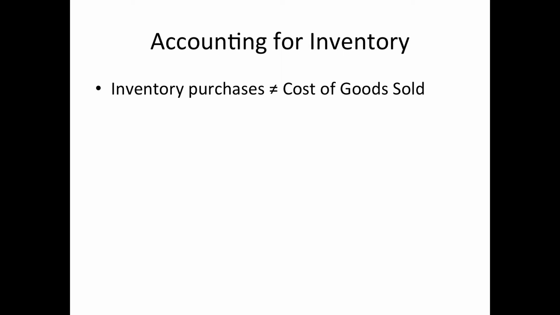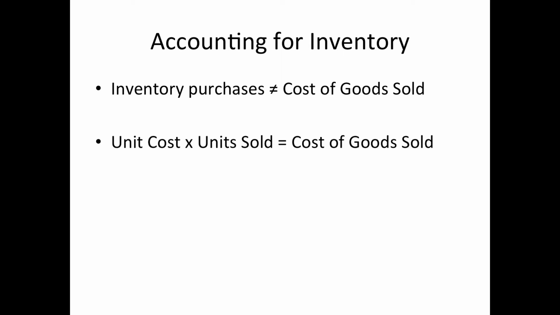So instead of inventory purchases equals cost of goods sold, this is what the new proper equation looks like. It's going to take your unit cost times your units sold, and that's going to be your cost of goods sold. So when it comes to doing what I call an inventory adjustment each month, you're really working with two sets of data, the unit cost and the units sold.